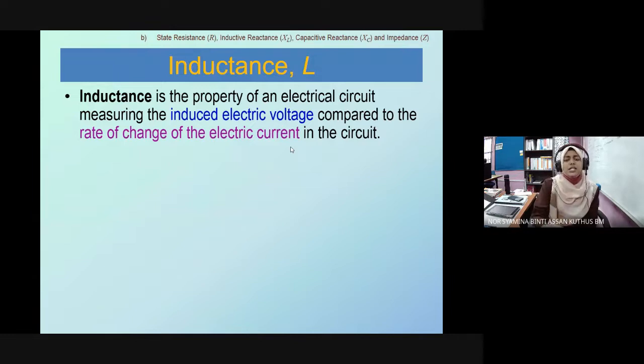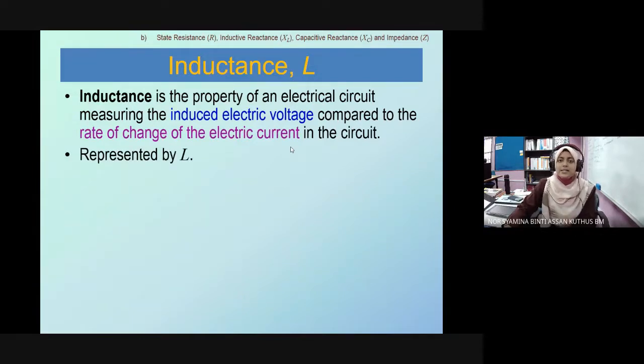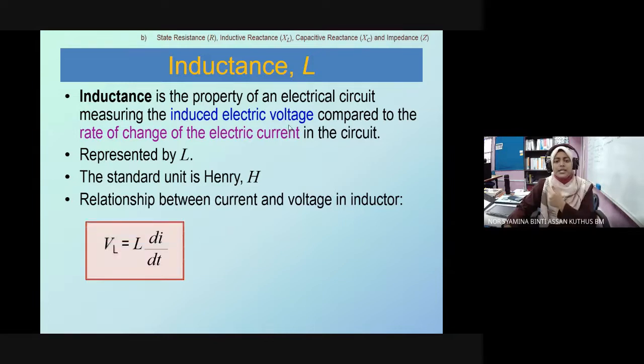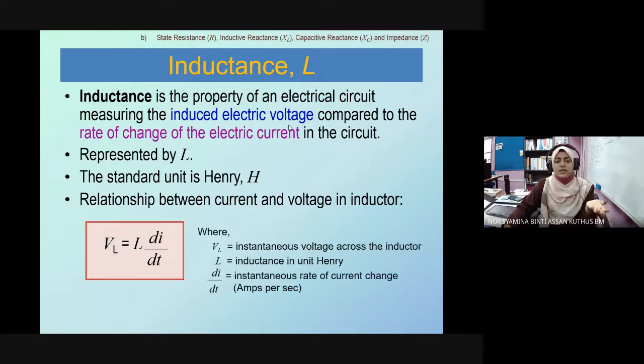Dia akan measure the induced electric voltage compared to the rate of change of the electric current. So berapa banyak yang dia boleh induce electric voltage itu untuk simpan energy adalah inductance. Okay, inductance is the property of your inductor tadi. Okay. So kita akan represent inductance by using letter L. Capital letter L, so standard unit dia adalah Henry, jangan tertukar.